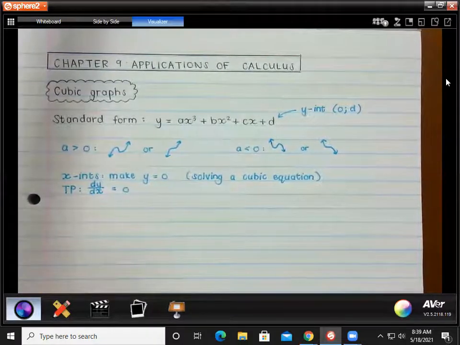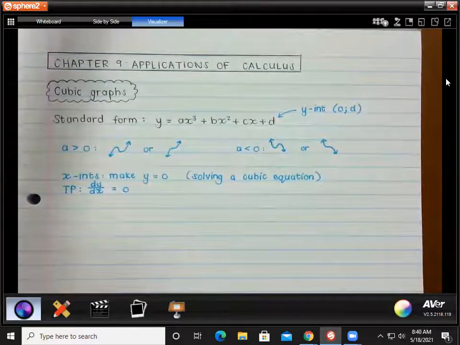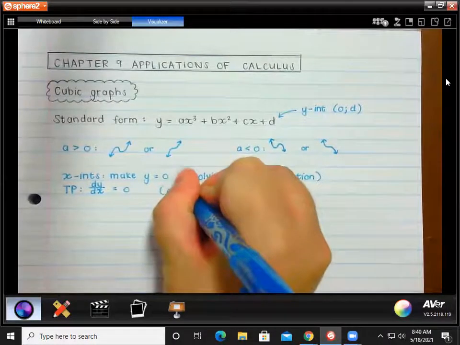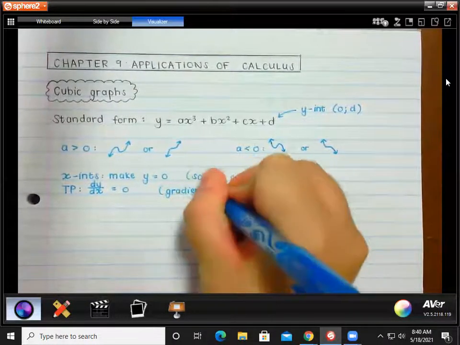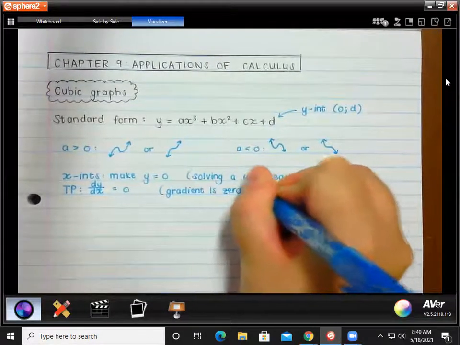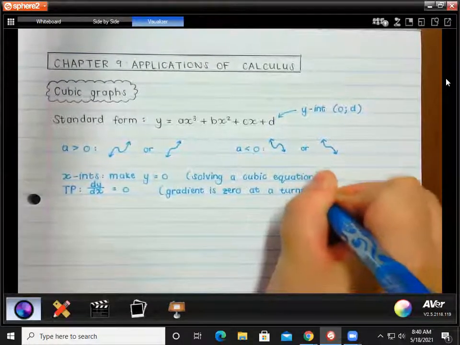The logic behind that is that at a turning point your gradient is 0. Does that make sense? And what is the gradient of a function always? The derivative. So I'm going to write here: gradient is 0 at a turning point.